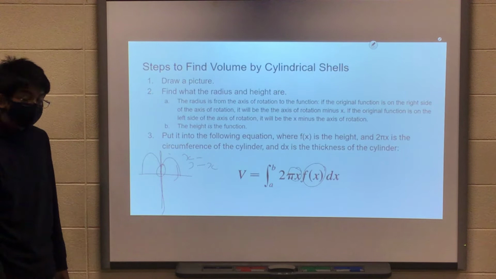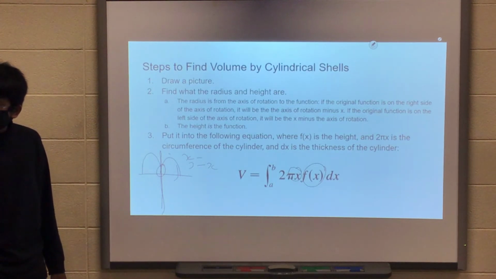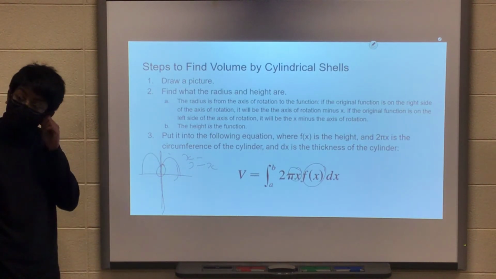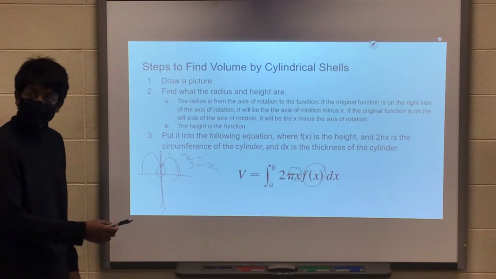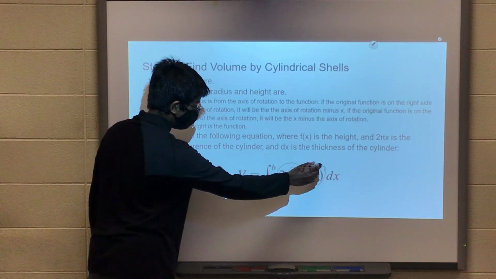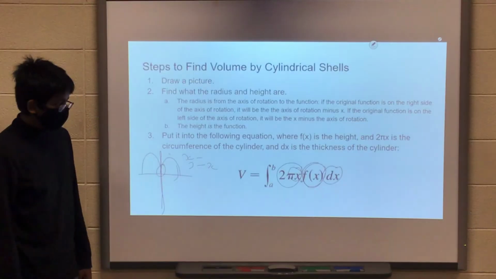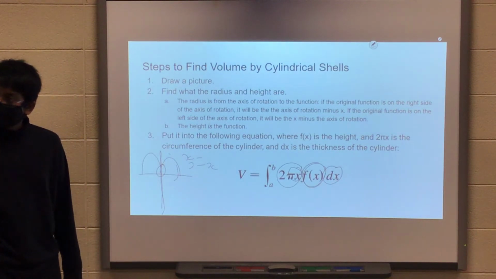Okay, now how do you find volume? Volume is always the integral of the area, correct? What is the area of a cylinder? Well, this is the circumference of the cylinder, this is the height, and this is the thickness of the cylinder. So when you multiply those together and take the integral of it. Could you mention the words radius and height?